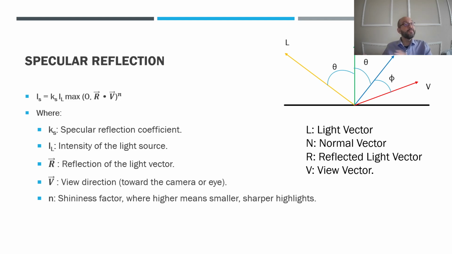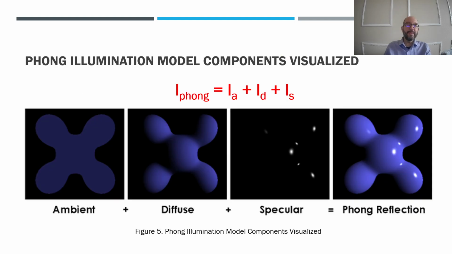So it's the reflection of the ray of light on the surface of the object, and of course our view direction, which changes the position of the specular reflection. All that is raised to the power of n, the shininess factor, which as it grows higher means smaller and sharper highlights.